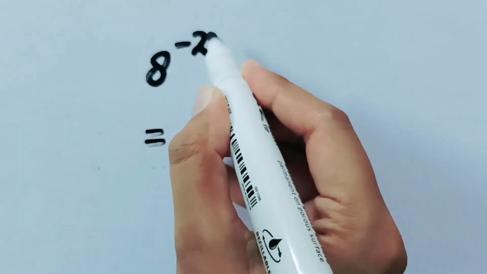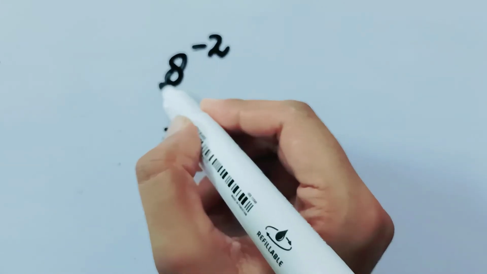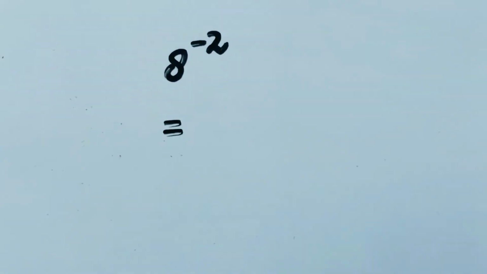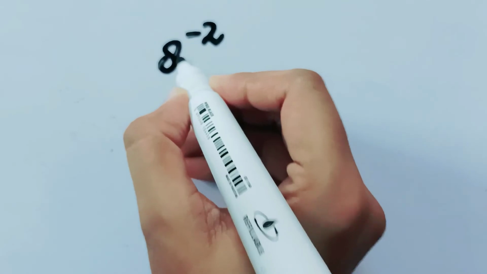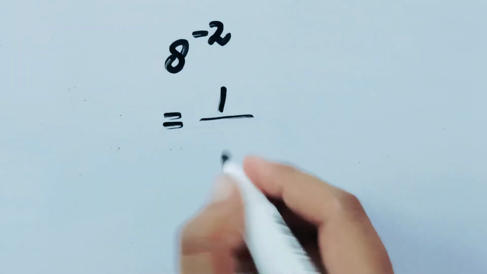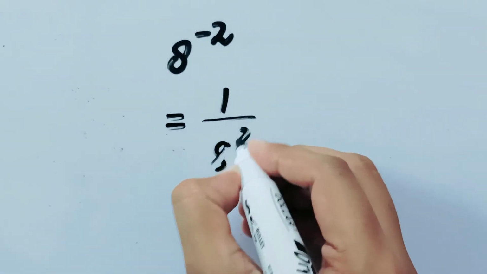This term is our numerator term. Here our denominator is 1. That is hidden. If we write 1 or if we do not write 1, both are the same. So here it is our numerator term. When we take its reciprocal, it will become our denominator, 8 raised to power 2.